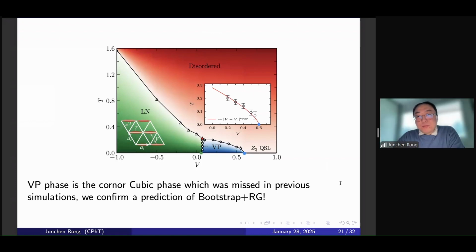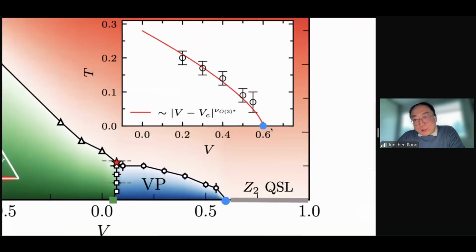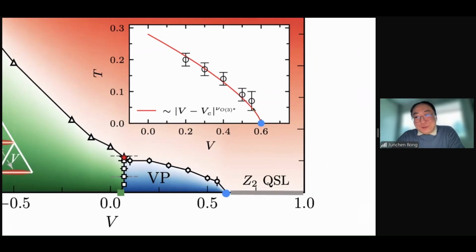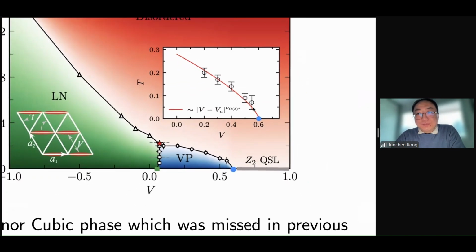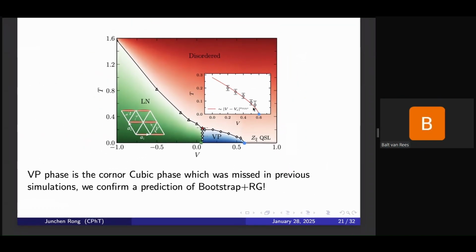Also, as you can see, I drew a power law here, but I'm cheating because the data is not looking good. So I think the O3 one is good enough. Okay, fair enough. I think this is second order in conformal perturbation. Why?